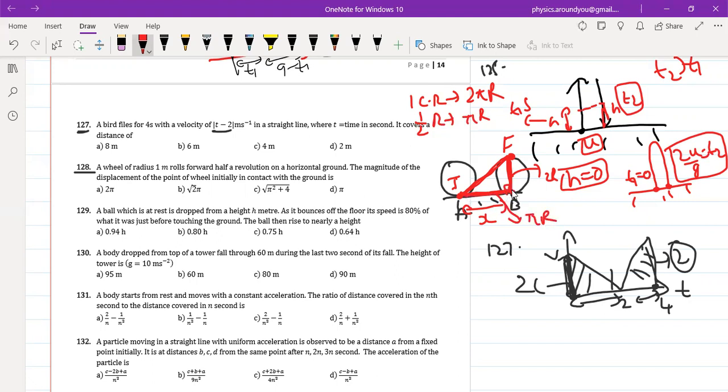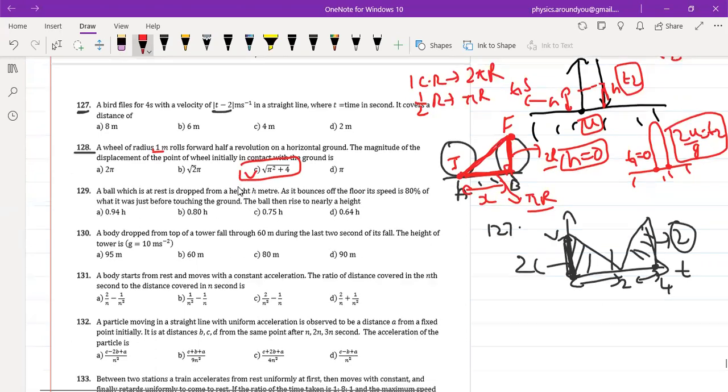Base is pi r, height is 2r, then what will be the hypotenuse? Hypotenuse is square root of 4r square plus pi r square, and radius is 1 meter. It should have a pi square term within. The option is C. 128 goes with C.